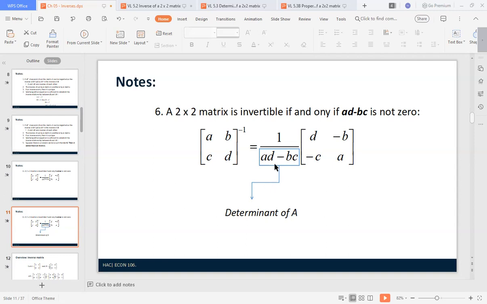But when you have a determinant that is equal to 0, that just means that that matrix cannot have an inverse. Again, later on I'll tell you how to solve a determinant, but for now let's take it as given that if the determinant is equal to 0, then you cannot have an inverse.